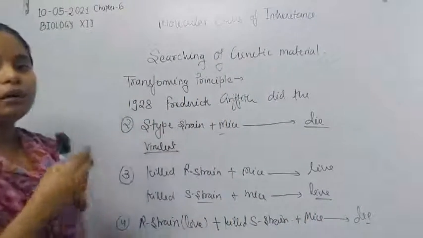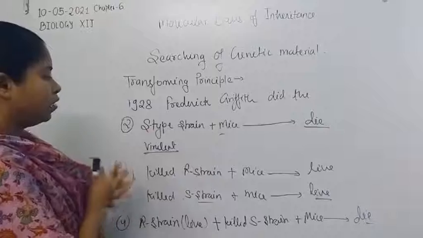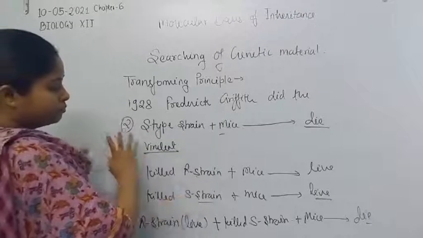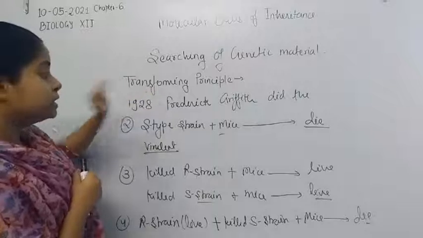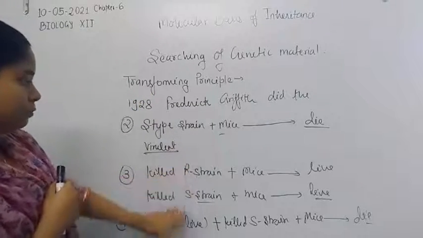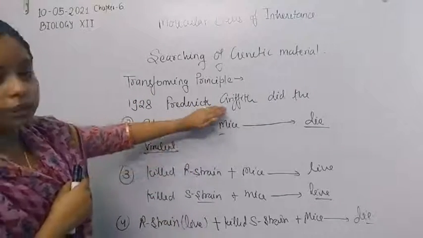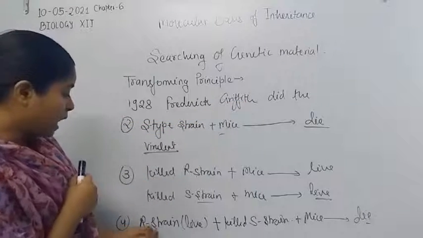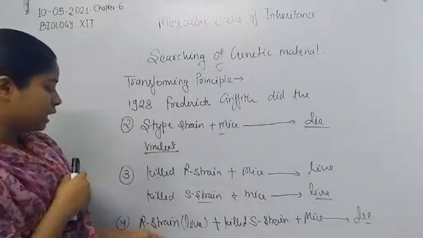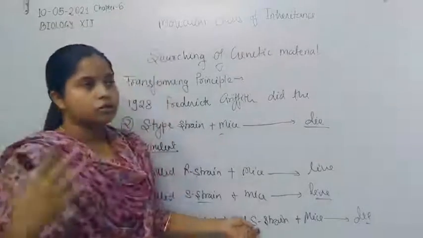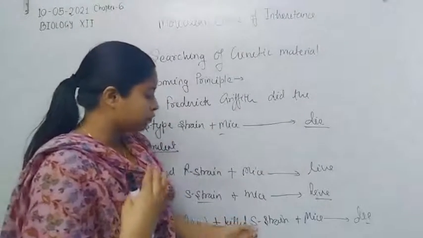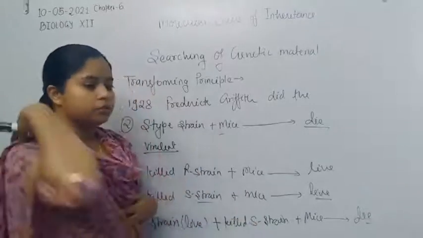Now, according to this whole experiment, he gave the transforming principle. What is the transforming principle according to Frederick Griffith? That the R strain, which was in live form, actually acquired a constituent of the virulent form.